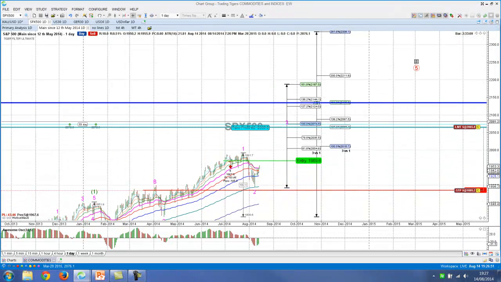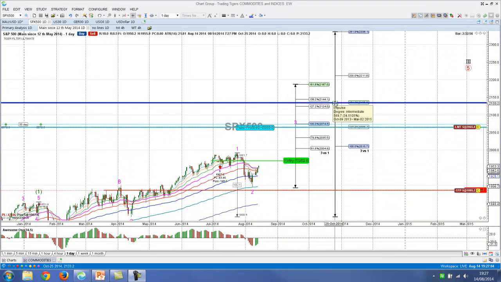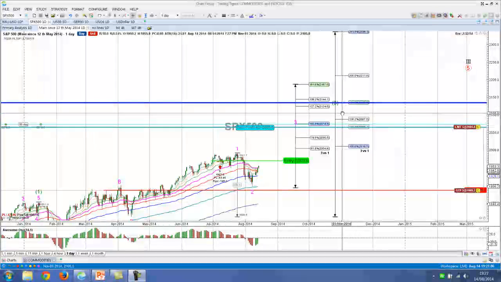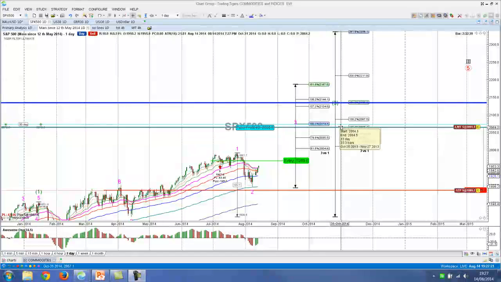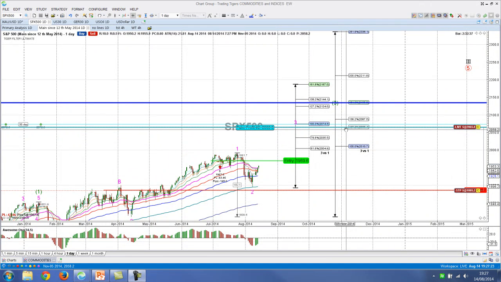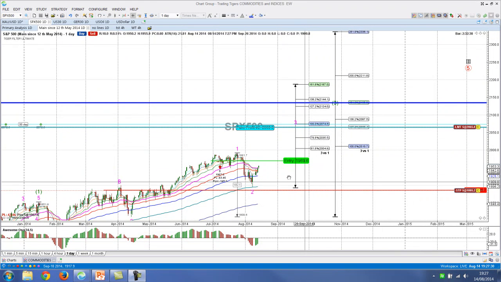The larger wave degree of the intermediate 161 level completes at 2133, but in this confluence area you see the 100% of the wave 3 of the minor, which is the subwave of the intermediate, will also finish around the area where the 127 mark of the Fibonacci is. So that seems to be a very strong area for us to take our profits.